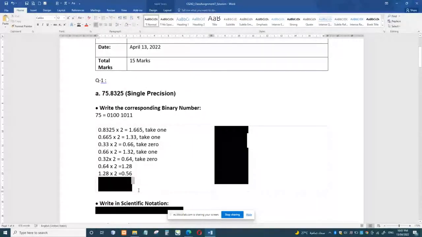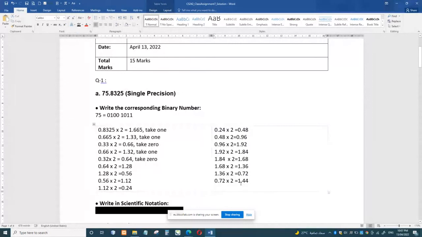The further you go, the better precision you will get. Try to understand: the more you go, until you get all zeros, the better the precision, and that is why, in our mantissa, the more bits you can spend on the fractional part, the better precision you get.